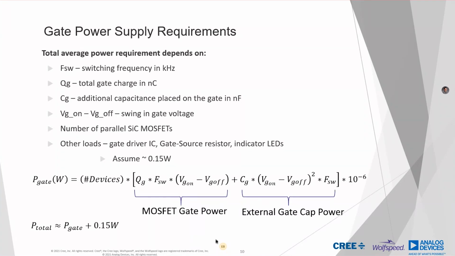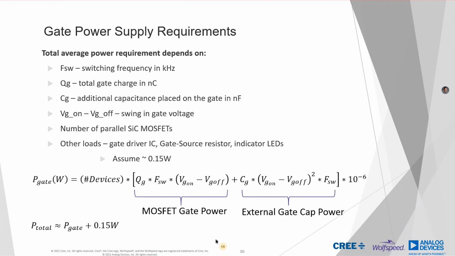When you look at designing a gate power supply, the first thing you need to know is how much power you actually need from that supply. Calculating that comes down to several factors of the circuit: the switching frequency, the gate charge of the device, and any additional capacitance placed at the gate of the device.